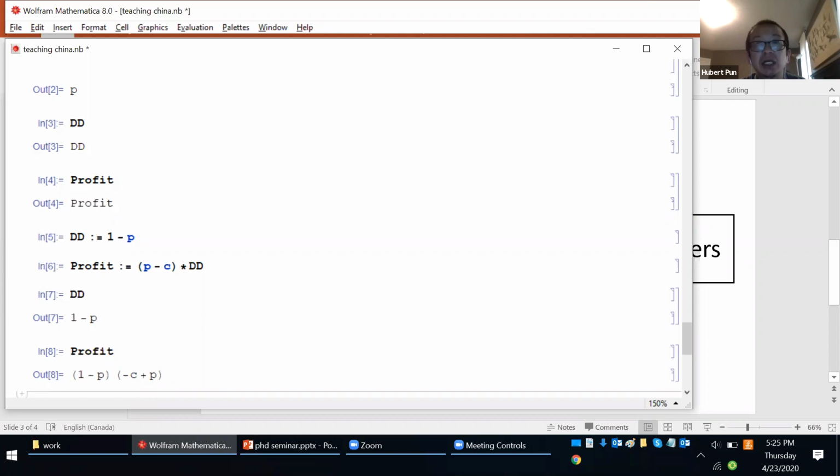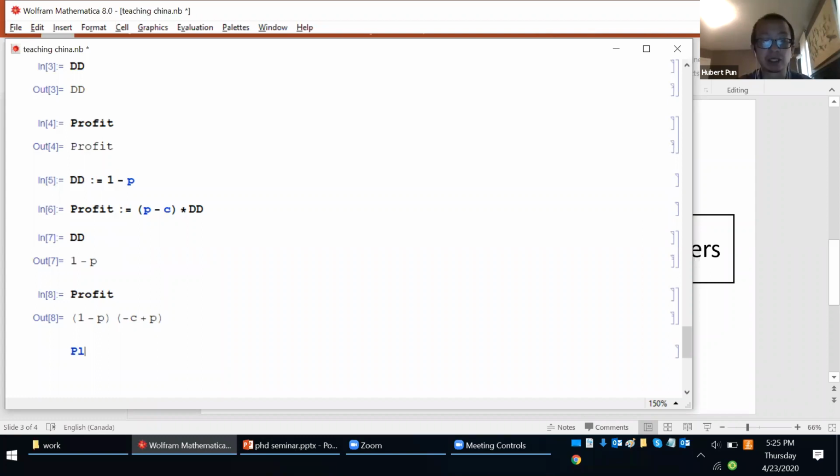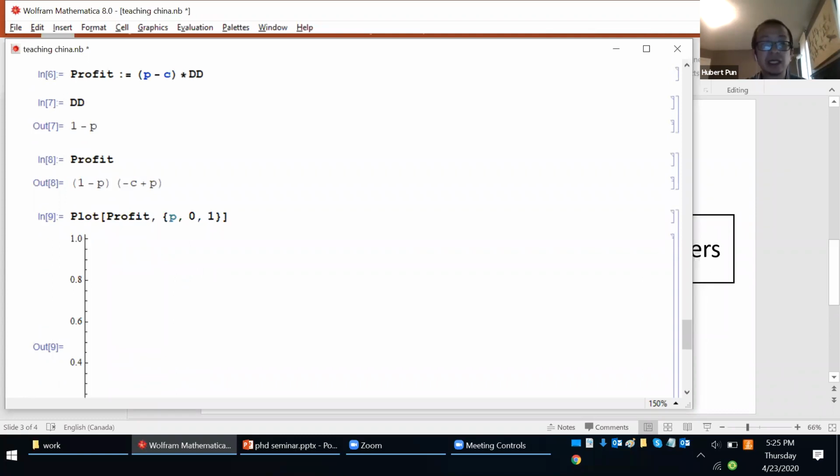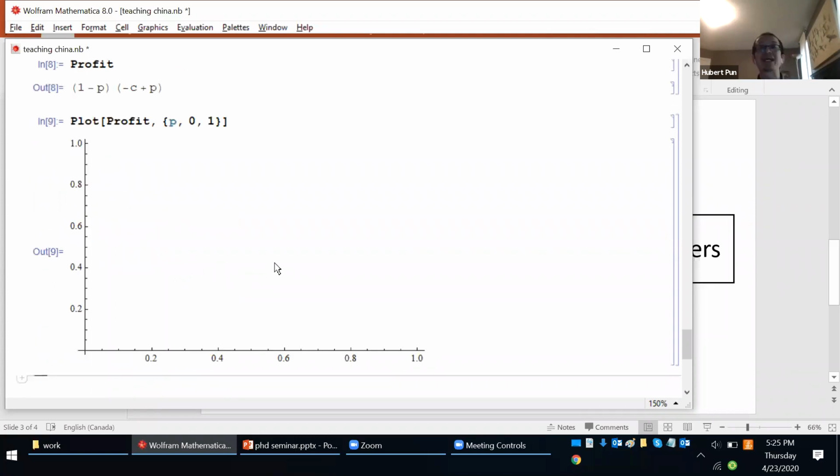So we cannot plot a graph. Okay, what does it mean by we cannot plot a graph? If we do Plot[profit, {P, 0, 1}] and shift enter, it would have a blank.